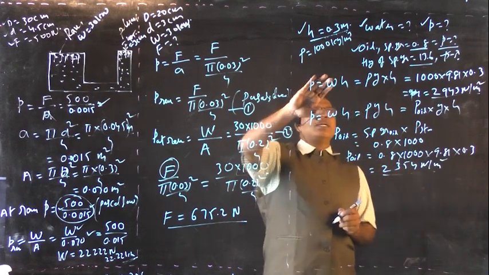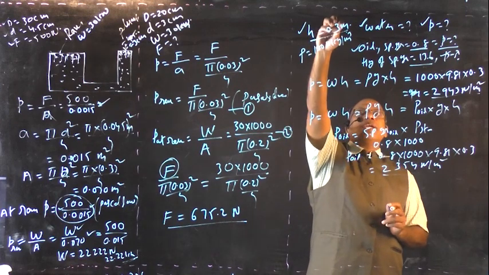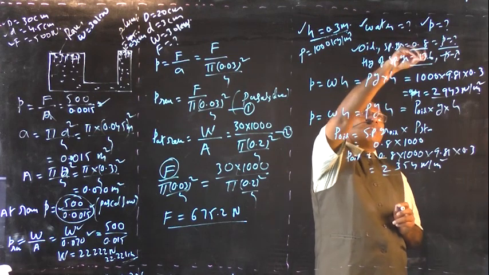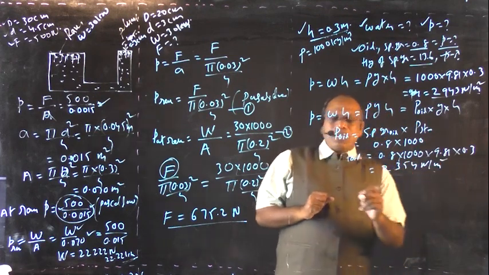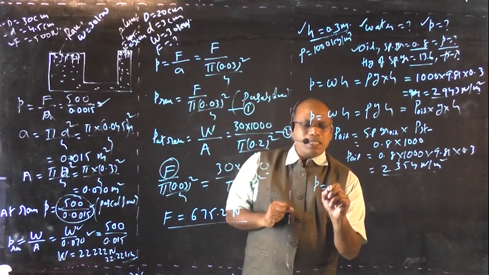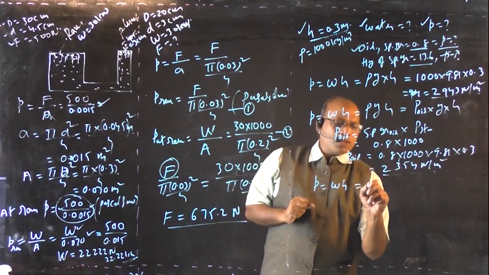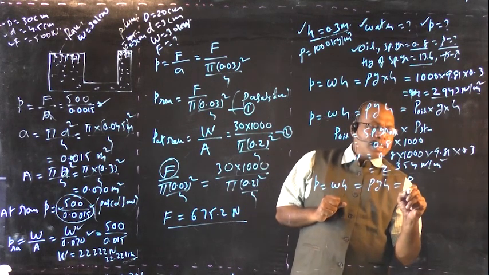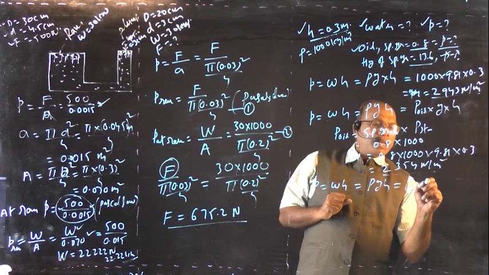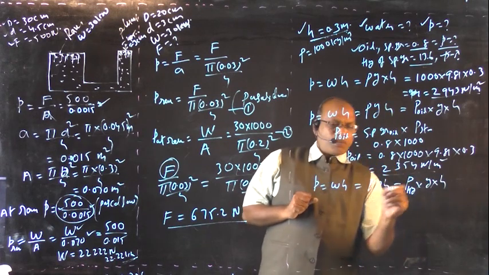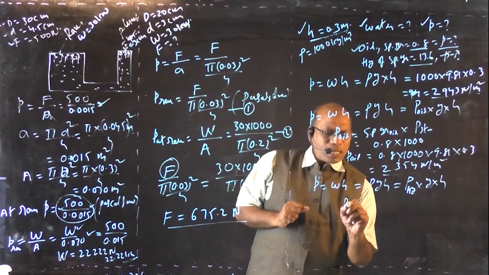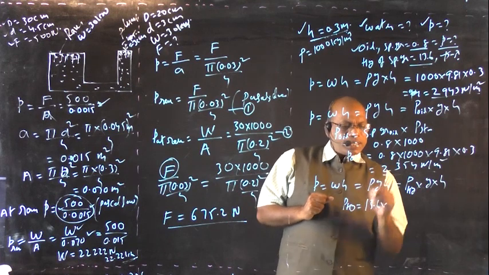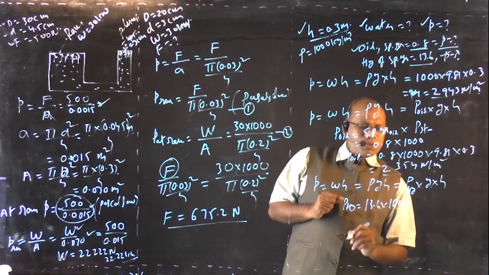And the last one: if 0.3 meters of mercury head, what is the pressure intensity? The specific gravity of mercury is given here, that is equal to 13.6. Here also the same formula, pressure intensity P is equal to WH, that is equal to rho G H, where rho is the density of mercury. First we determine the density of mercury, equal to the specific gravity of mercury into the density of standard liquid, that is 1000.